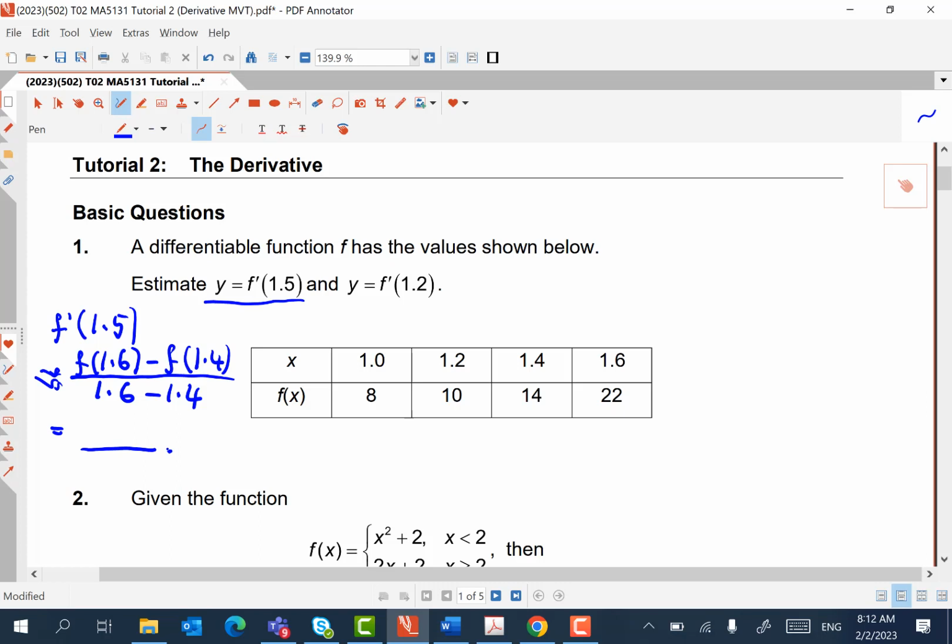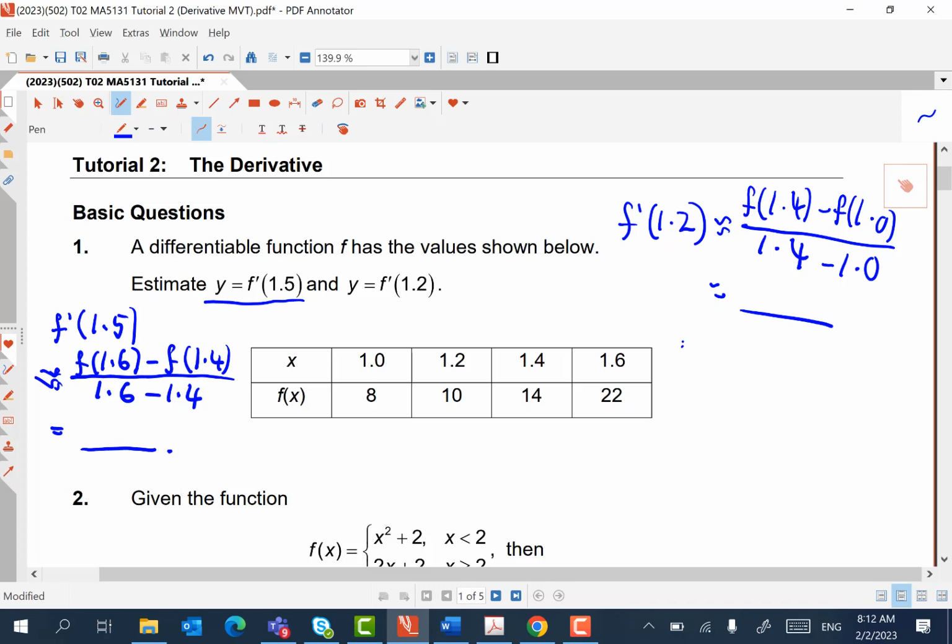Okay. Let's have Gary. How do we approximate f prime of 1.2? For 1.2 we use, right, so this is approximately f of 1.4 minus f of 1.0 over... this question doesn't ask for, say, f prime of 1.6.